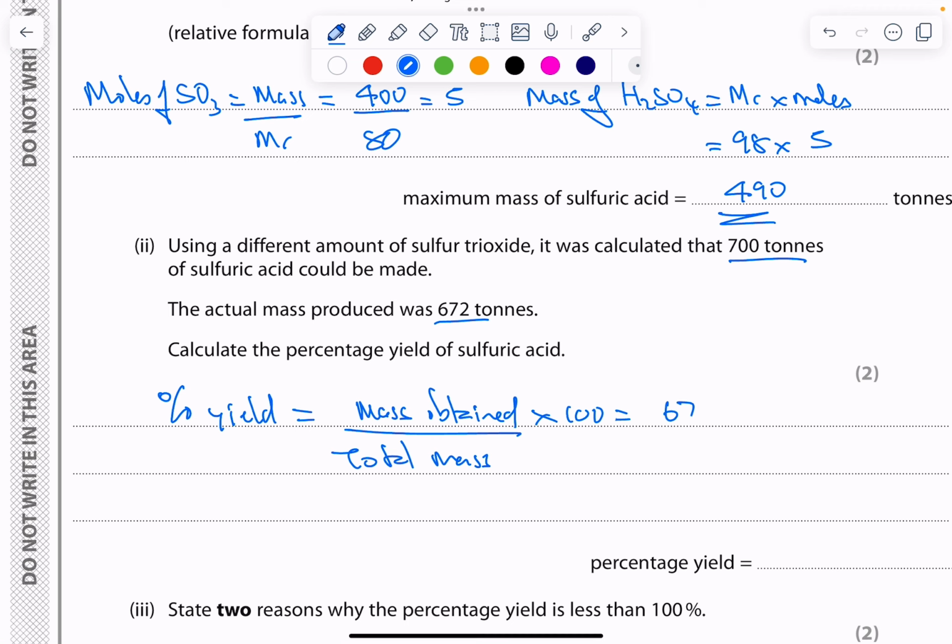So in this question, they produced 672, but they could have got 700. So it's 672 divided by 700, and then times the whole thing by 100, and that is equal to 96, and that's 96%.